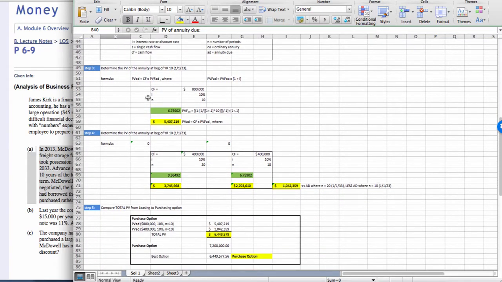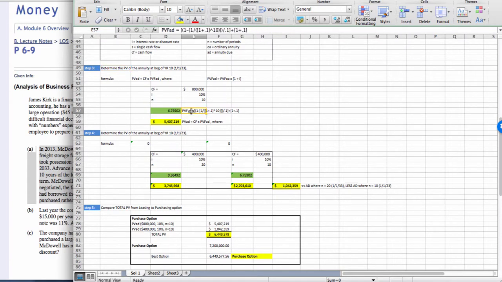Step 3 is to determine the PV of the first annuity. That's a little easier because you're only working with a set of cash flows that start you off at the beginning of the period or the life of that annuity on 1/1/14.